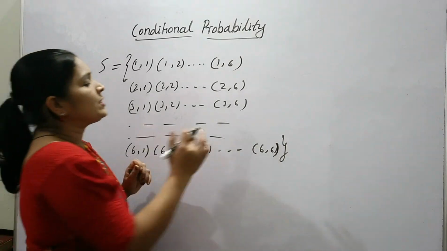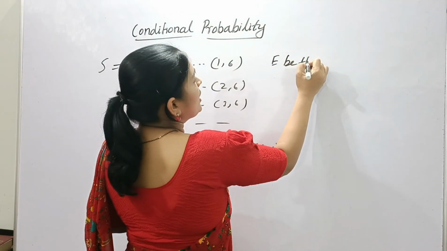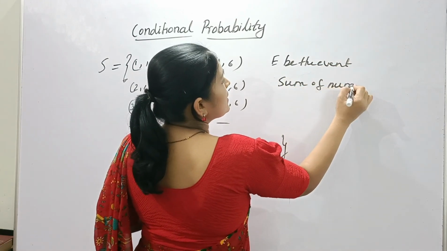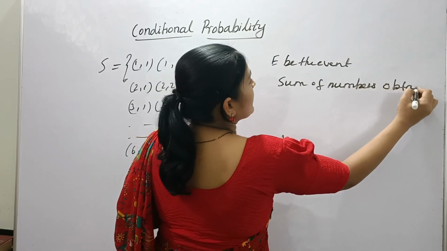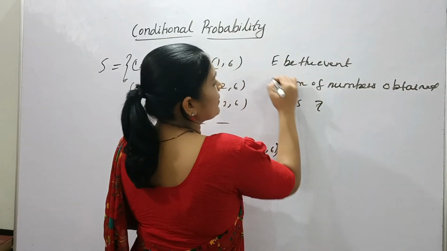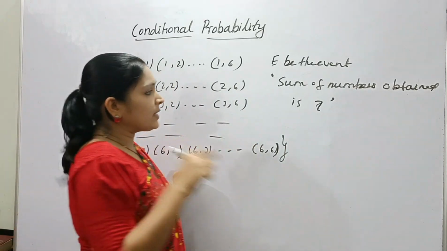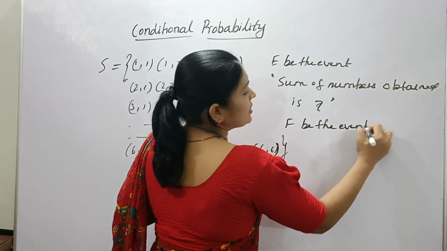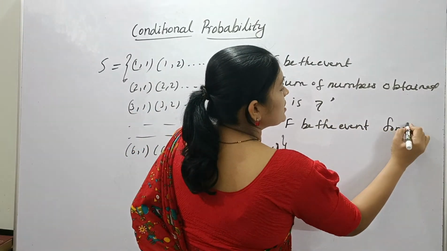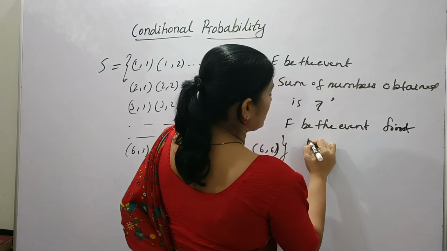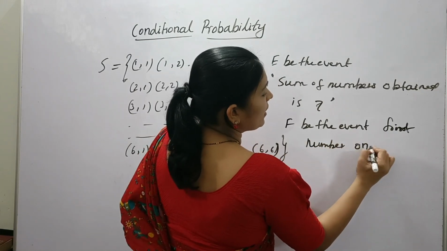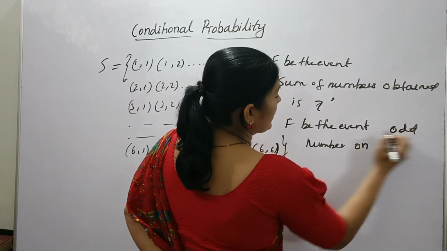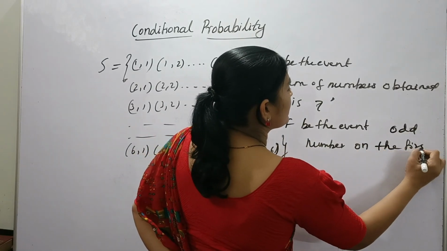So here, let E be the event that the sum of numbers obtained is 7. And let F be the event of an odd number on the first die.